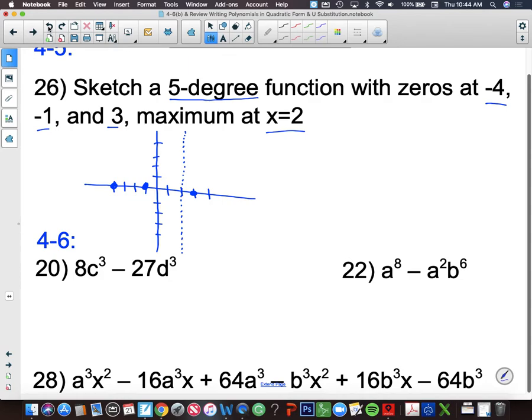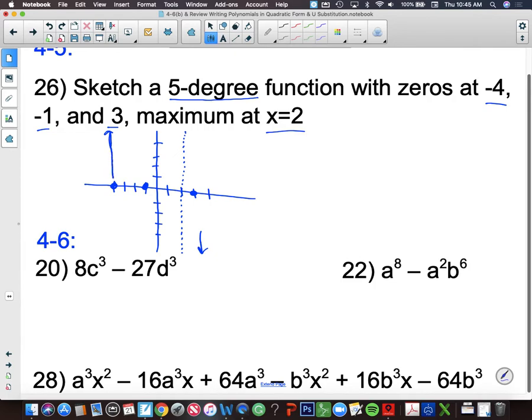So 5th degree function, another thing you can think of, since we have that maximum up there, is that it's going to be going down through that point. Okay, so if we're going down here, that means on the left-hand side, we're going to have to be going up. Okay, so I can draw my function with that information.